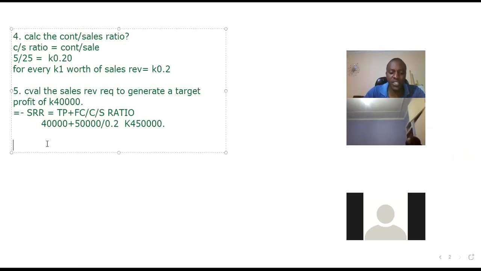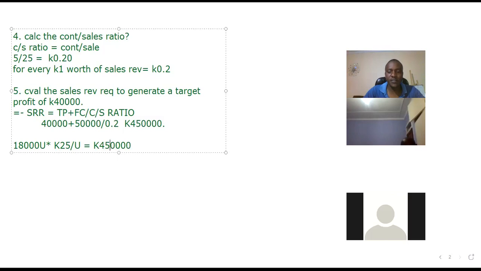You see, we could have simply said, I can do this one differently. Since we worked it out already, I simply get 18,000 units and multiply by the selling price of 25 kwacha per unit. What are we going to have? 450,000 kwacha.